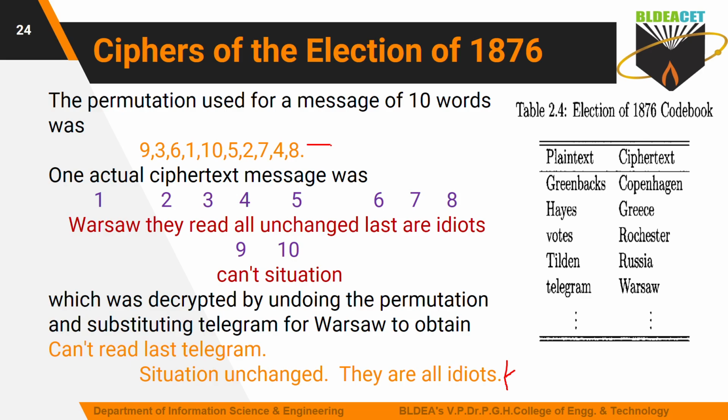If any cryptanalyst, hacker or intruder guesses the sequence, then for any message of length 10 words, they can easily decrypt the message, because this permutation is fixed for all messages of that length. This is the drawback of the encryption technique used during this election period.